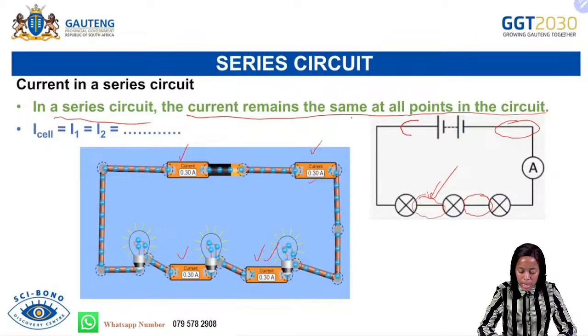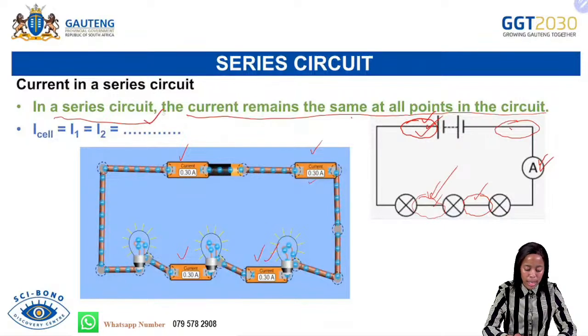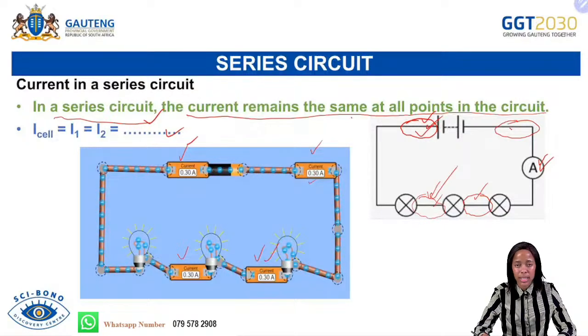Again, if we take a reading over there, it is still 0.3 ampere. So if we place ammeters there and measure the current at all the points, because it is a series circuit, the current will be the same.